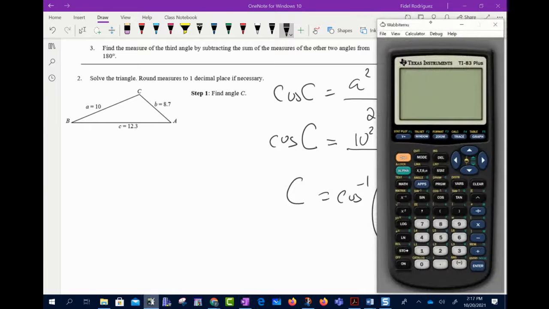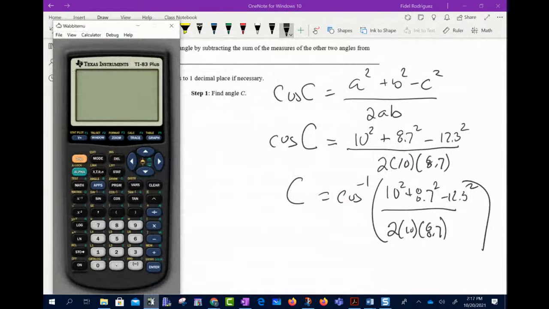All right. So again, I'm going to use my calculator. Let me move this over to the side. I'm going to go second cosine, oops, turn it on first. There we go. Okay, so we're going to go second cosine inverse, right? I'm going to put this in parentheses because it's all that top divided by the entire bottom.